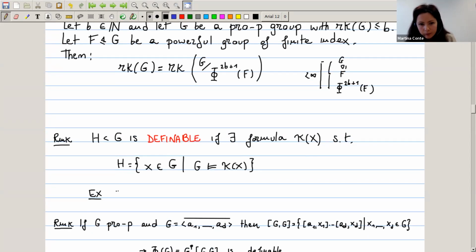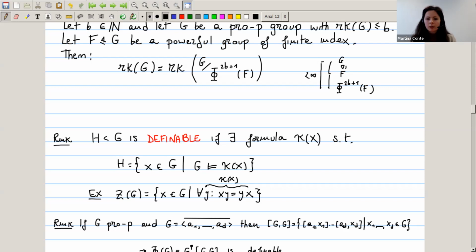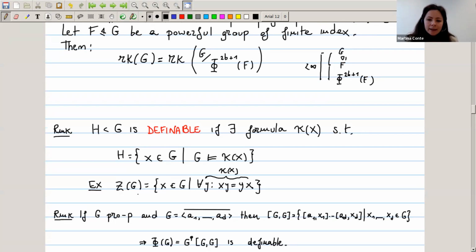Let me give an example of this. If we consider the center of any group, this is made of the elements x in the group such that for every y, xy is equal to yx. So you see that this condition is a first-order formula, and so the center of a group is always a definable subgroup.